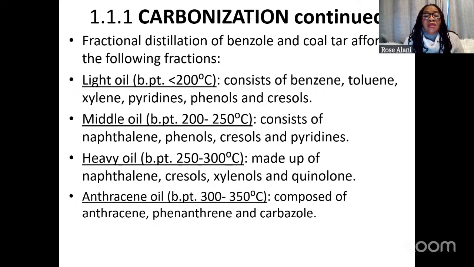You can see the different compounds that make up these fractions here. You see also the heavy oil, which is another fraction from 250 to 300 degrees centigrade. And then you have anthracene oil from 300 to 350, composed of anthracene, phenanthrene, and carbazole.